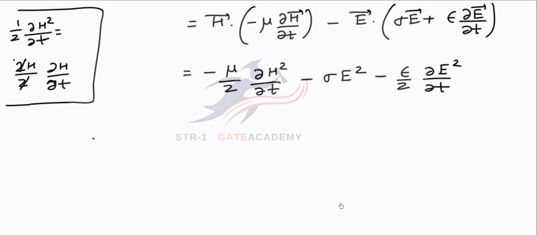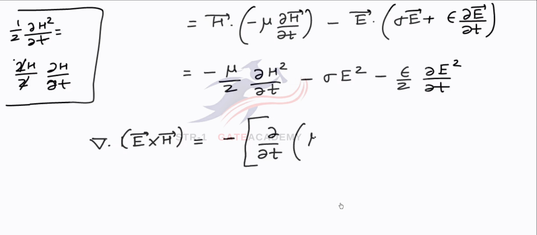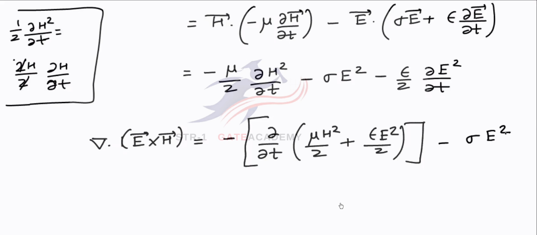So I'll get del dot E vector cross H vector is equal to minus d by dt of mu H square by 2 plus epsilon E square by 2, minus sigma E square. So I have just rearranged the terms.